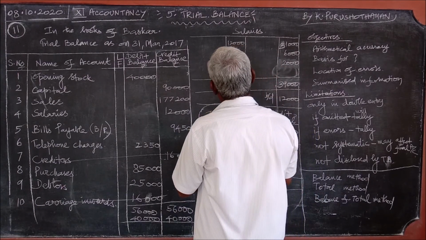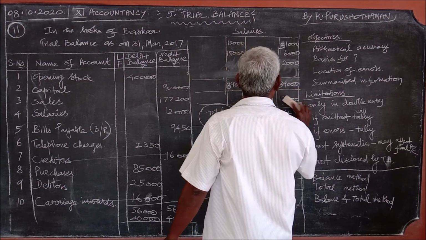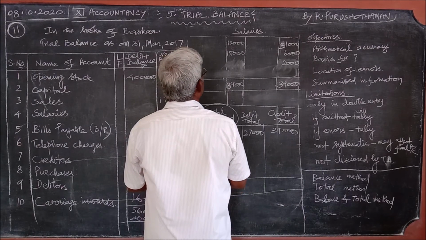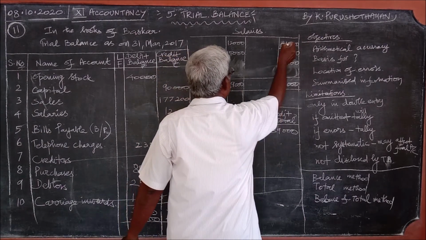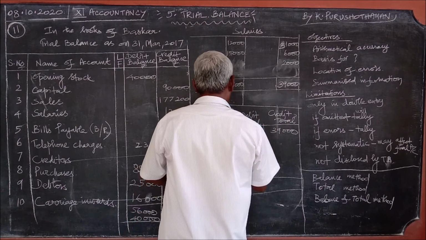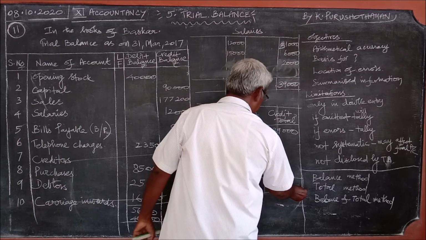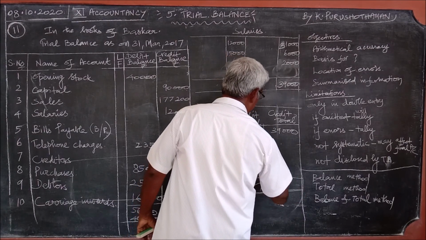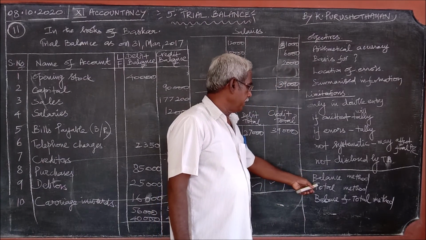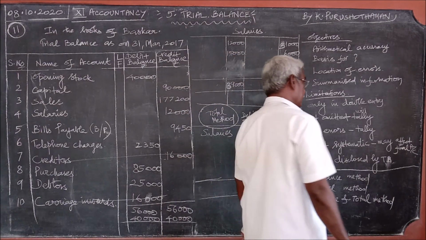Second method, they are not at all finding this carried down and brought down. What is the total of debit? 27,000. What is the total of credit? 39,000. For all accounts we are writing the debit total and credit total. In this method also we will get the equal total. That method is called total method. If you combine these two methods, it is called balance and total method.